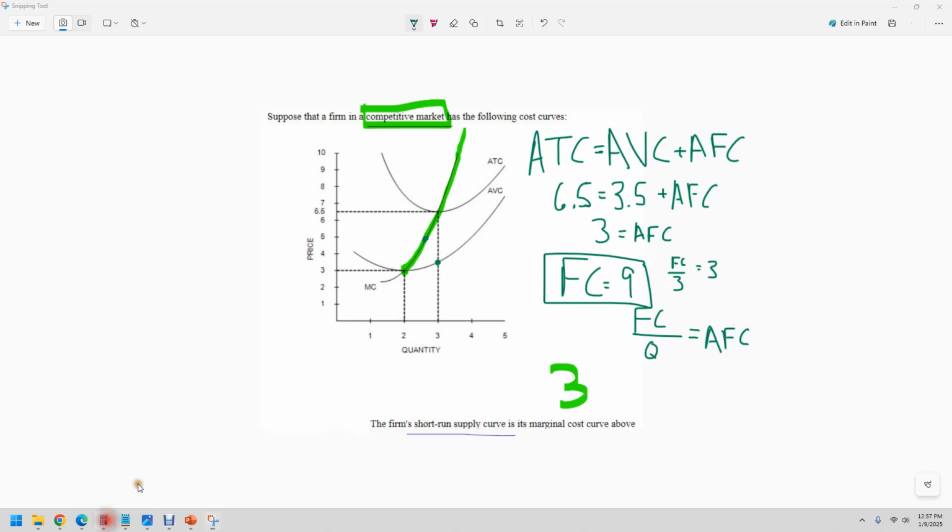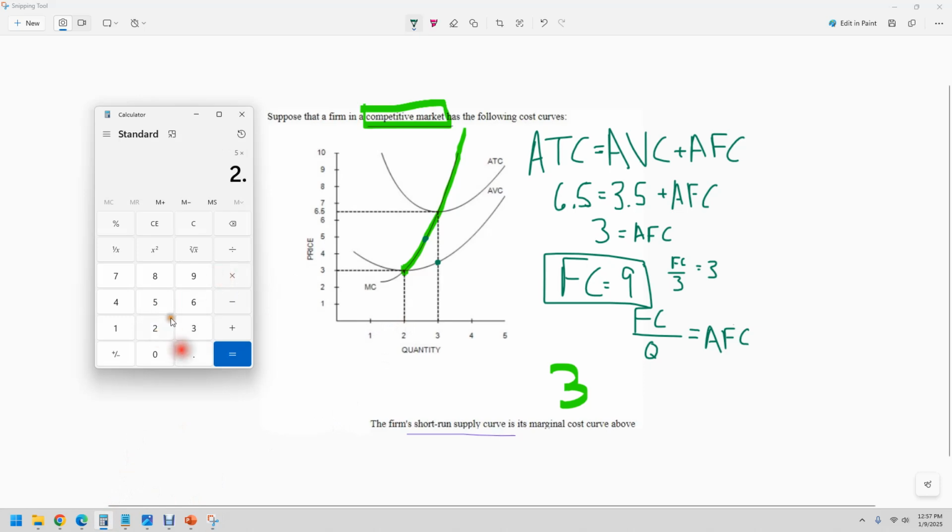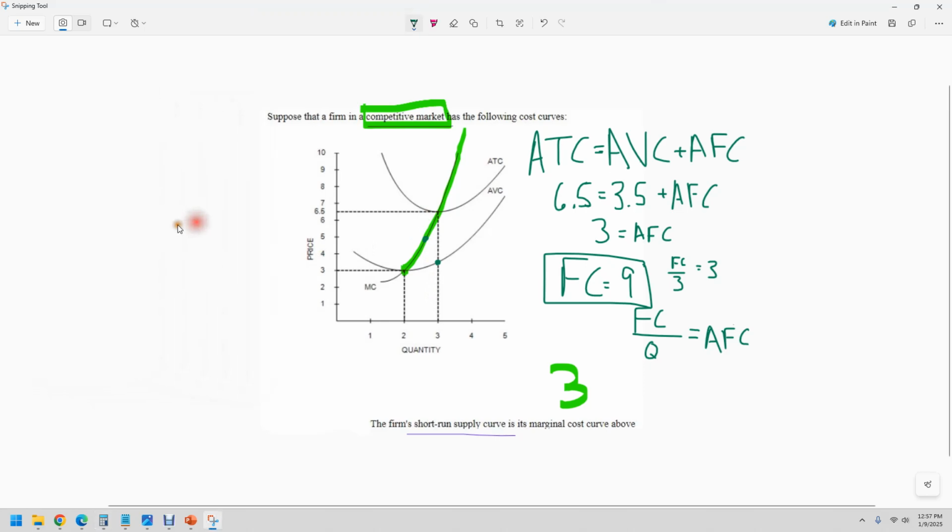So our total revenue would be 5 times 2.5. I just want to make sure I get the right answer. I know people are sometimes checking my math out there. So the total revenue would be 12.5. And then our total cost, almost $7. You could also take the difference there.